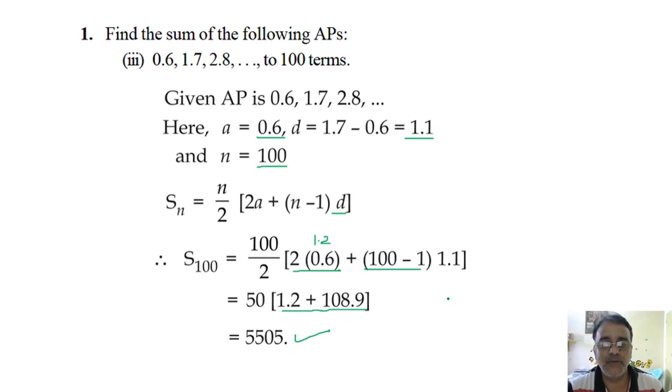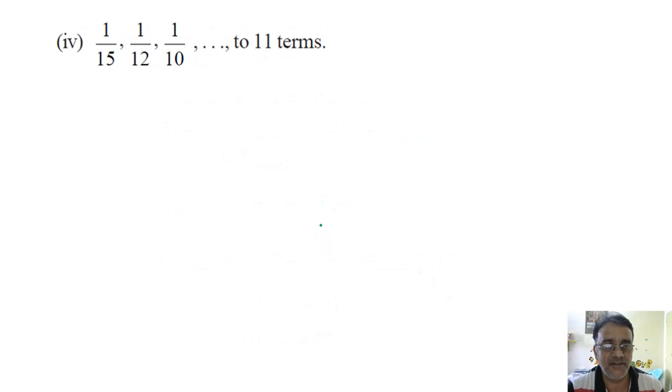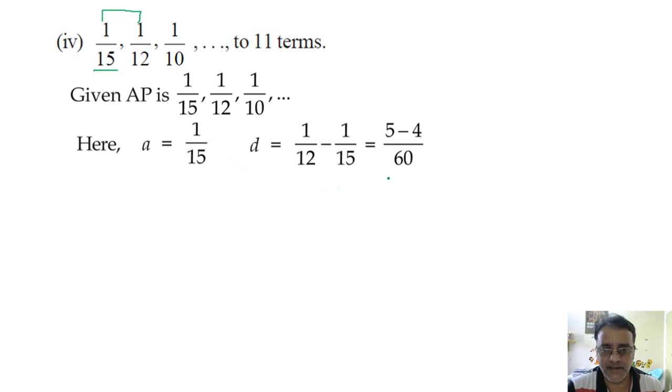No, sir. Now we are moving towards the last question of today's session. What is the first term here? 1 by 15. And what is the common difference? That is 1 by 12 minus 1 by 15. Okay, let's work it out. If you take the LCM of these two, it is 60. And here 5 and here 4 will come.